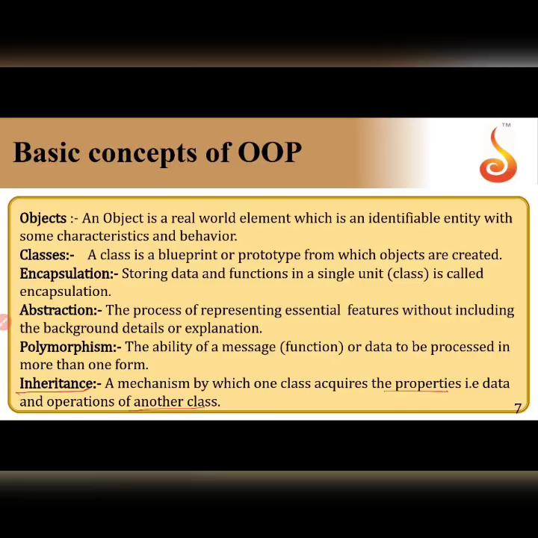So what is the main advantage of it? Code reusability. That is, it reduces or eliminates code redundancy. You don't have to repeat that again and again. For example, you have 10 different classes and there is a certain set of features which is common to all the 10. So you will not write those same features in all the 10 classes.